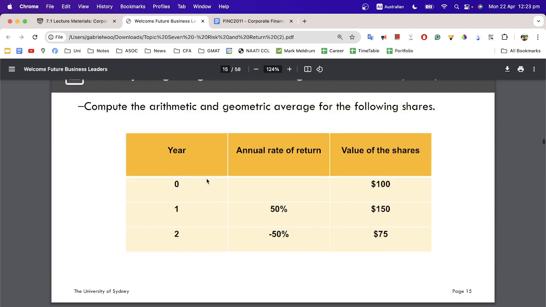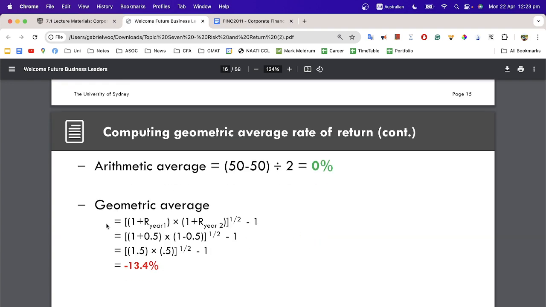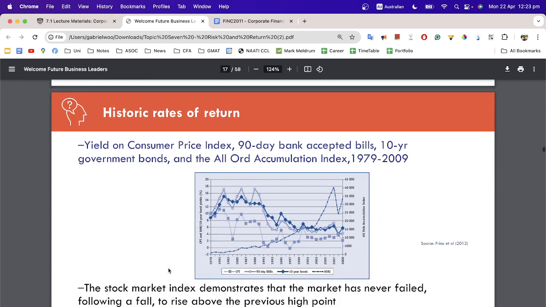That's a geometric return. If we have a 50% gain and a 50% loss, that gives us a 13.4% loss. So geometric returns are a better representation of what you would actually expect over the entire period.